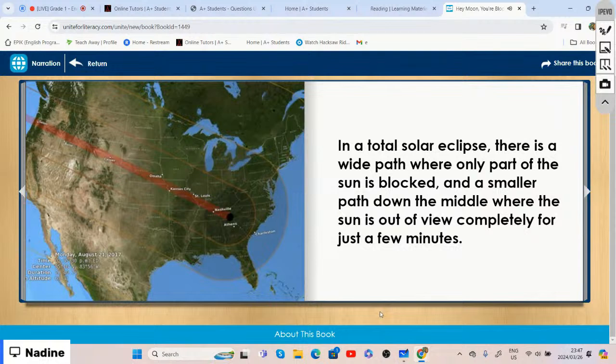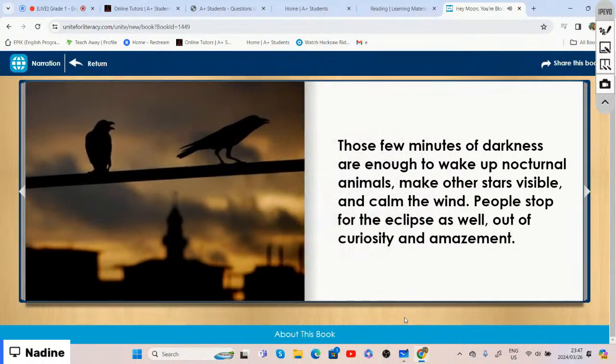In a total solar eclipse, there is a wide path where only part of the sun is blocked, and a smaller path down the middle where the sun is out of view completely for just a few minutes. Those few minutes of darkness are enough to wake up nocturnal animals, make other stars visible, and calm the wind.